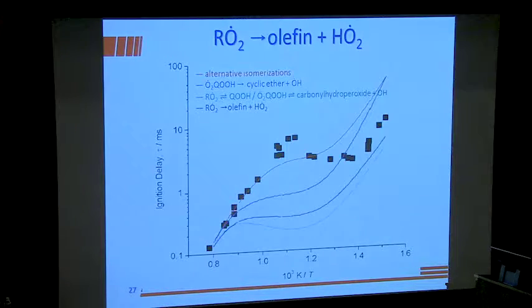Okay? And these rate constants are slightly different. And they were a little bit faster. And hence, the reactivity decreased a little bit more. Okay? So it was just showing you a little bit of the uncertainty in the rate constants too. Okay? But I think everybody would agree this line doesn't match the experimental data very well. And so I was a little bit concerned that did we really understand low temperature chemistry?